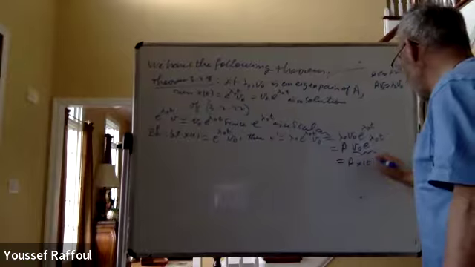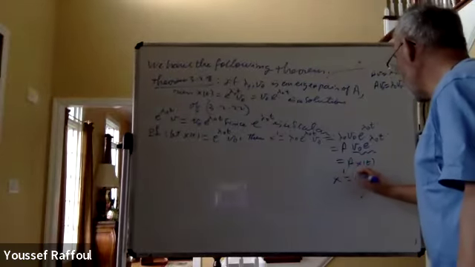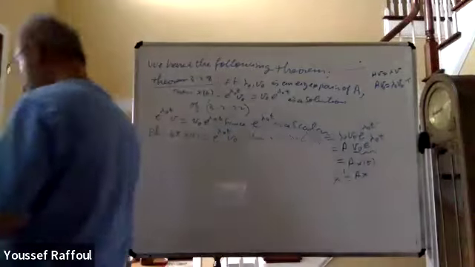That is A x of t. So we showed x prime equals A x. So it is a solution.